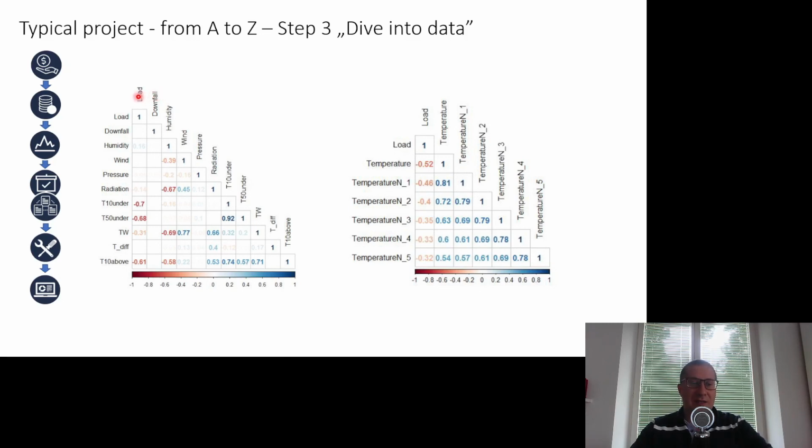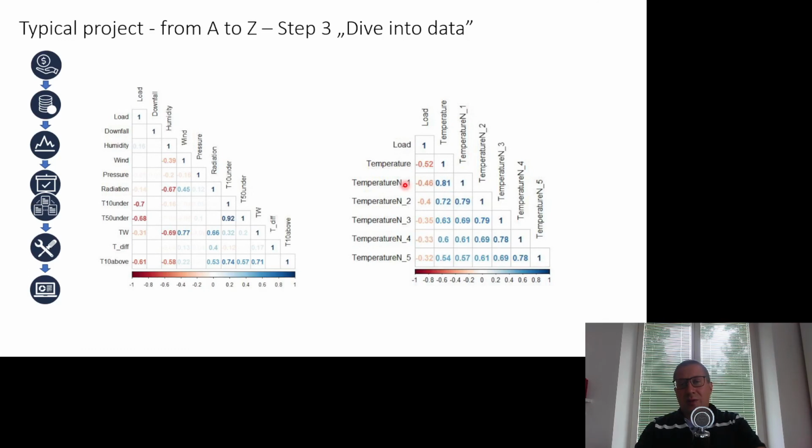And we can see that there is a correlation between the temperature, those are values related with the temperature, and the load, so the heat demand. The lower the temperature, the higher the heat demand. So it's normal. This is how it should be.